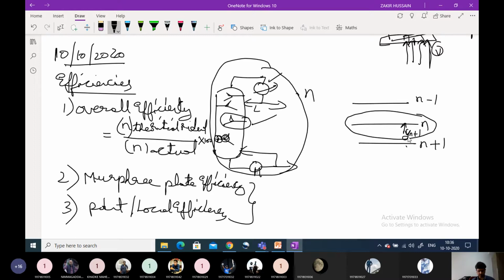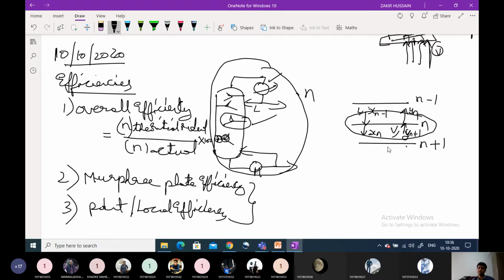The vapors leaving this plate are y n. Then liquid is flowing from top to bottom in the distillation column. So liquid L comes to the nth plate from the plate above with composition x n minus 1, and the liquid leaving this plate is x n.